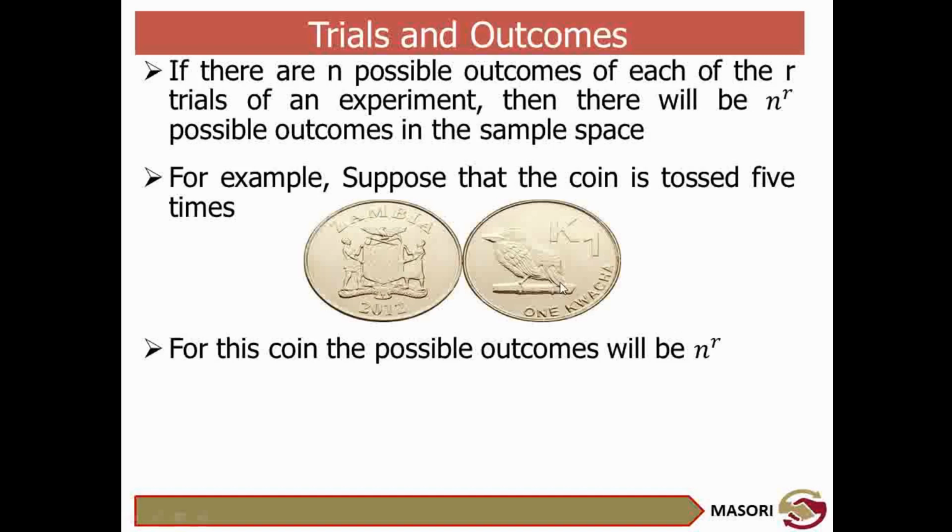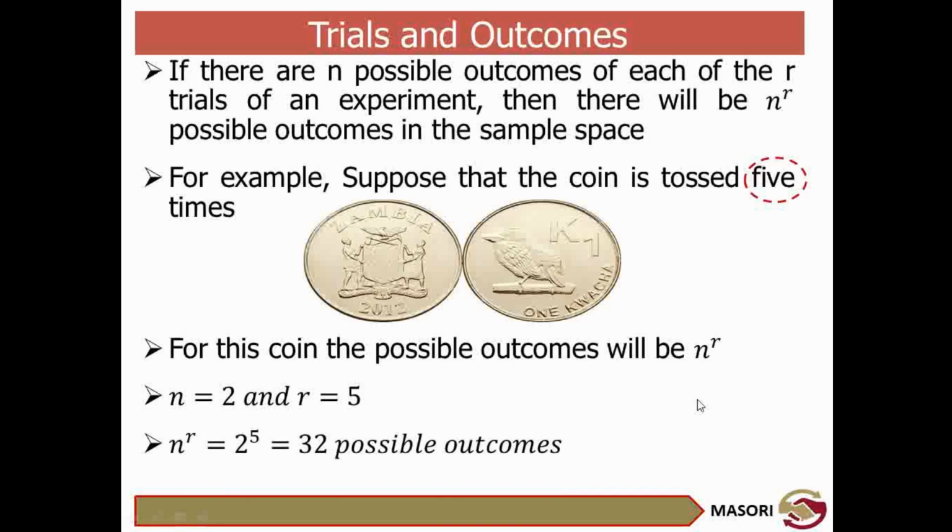Now, we are told from this example that the coin is tossed 5 times, meaning our r is equal to 5. So n is equal to 2 and r is equal to 5. When we substitute n and r in this formula, we have 2 to the power 5, which will be 2 times 2 times 2 times 2 times 2.